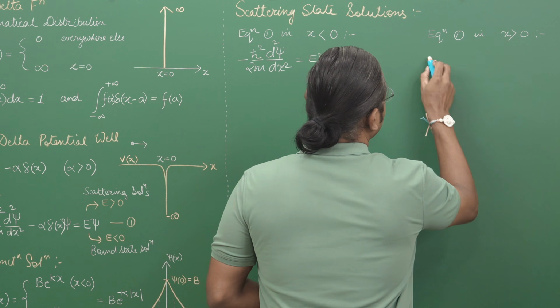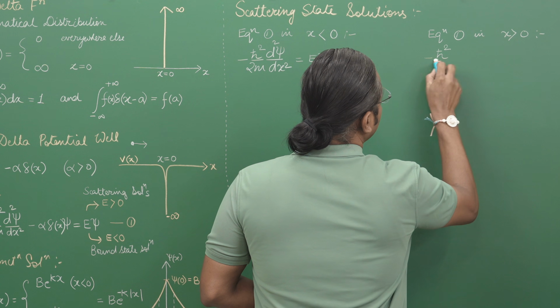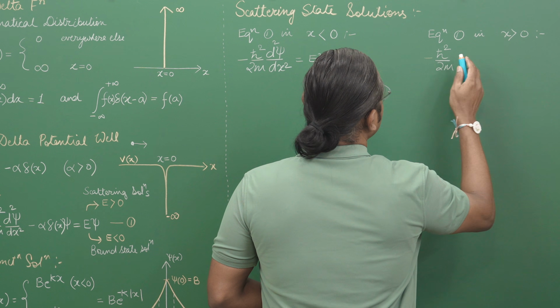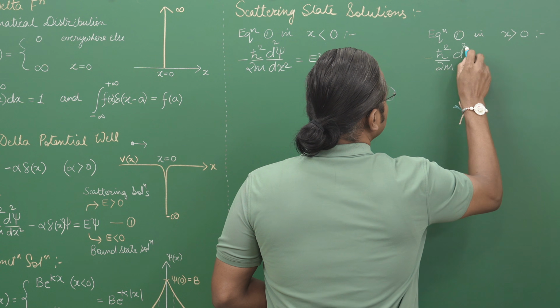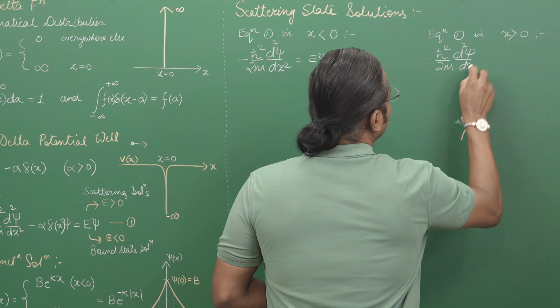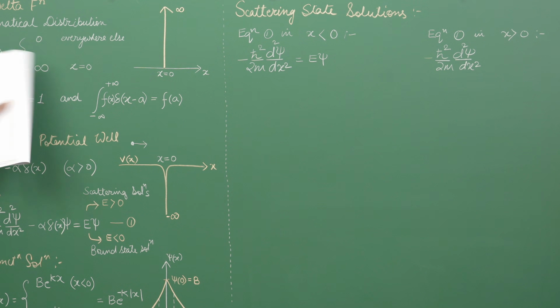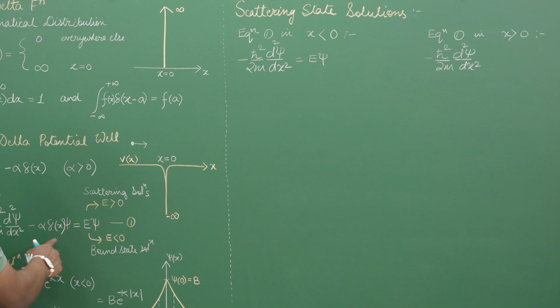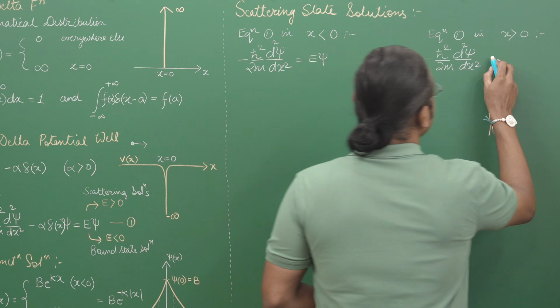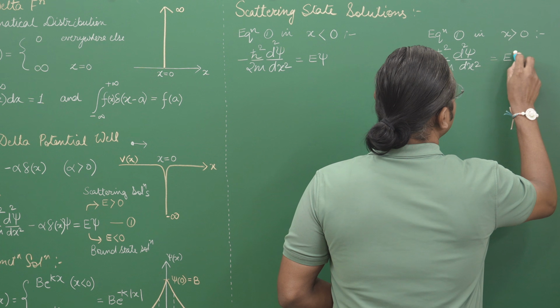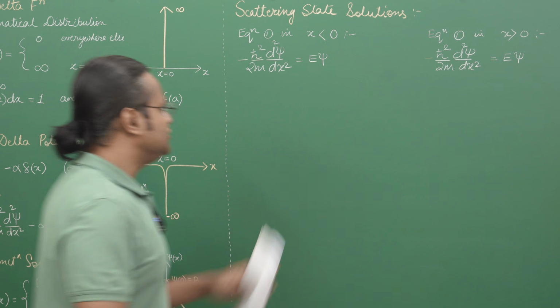Same here, minus h cross square upon 2m d2 psi upon dx2. What happens at x greater than 0? The Dirac delta is 0. So this term vanishes by definition. So therefore, this is equal to E psi. Of course, E is the same because of energy conservation, right?